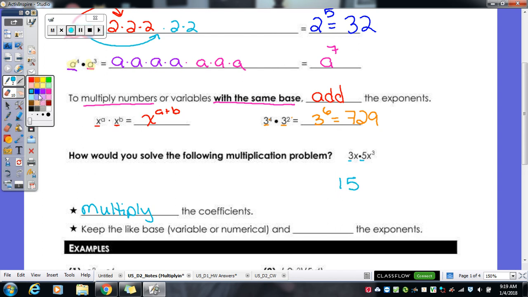Then you do exactly like we were doing. You keep your base, and then you add your exponents. So our base here would be an x. Who remembers, what's the exponent on that first x? 1. We don't always write the 1s, but they're there. So 1 plus 3 gives me x to the 4th. So we get 15x to the 4th for our answer for that one.